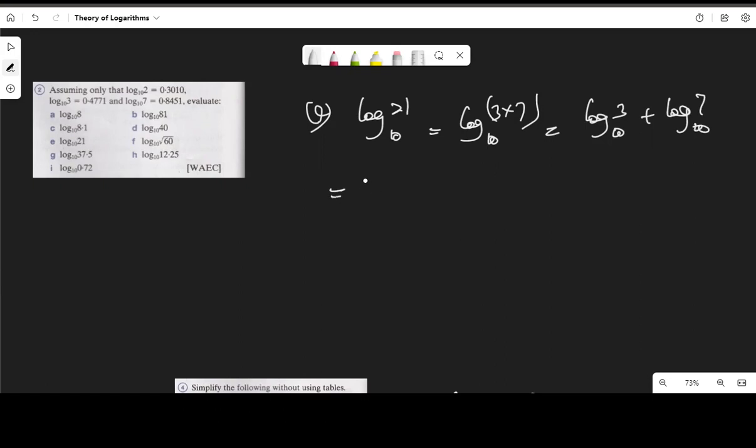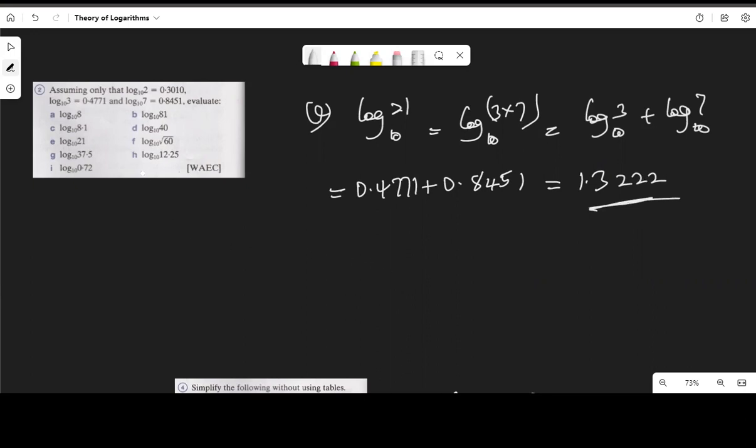That will be log 3 to base 10 is 0.4771, and log 7 to base 10 is 0.8451. Let's add these numbers together. 0.4771 plus 0.8451 is 1.3222.